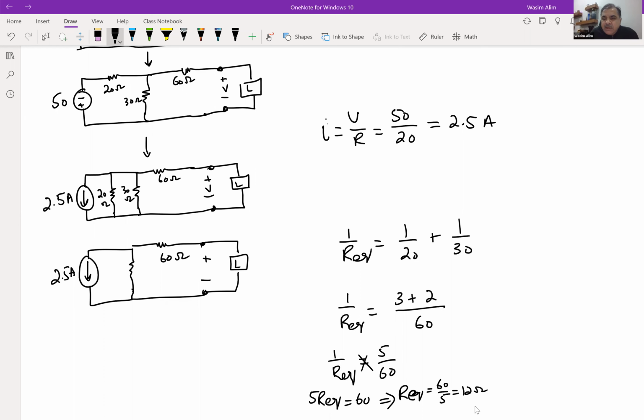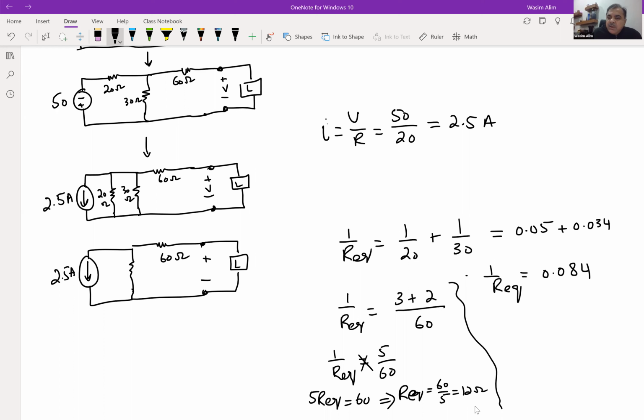If I go through the other process, the fractional values, that's 0.05, which is the result from 1 divided by 20, and 1 divided by 30 is 0.034. So 1 over R equivalent is 0.084.